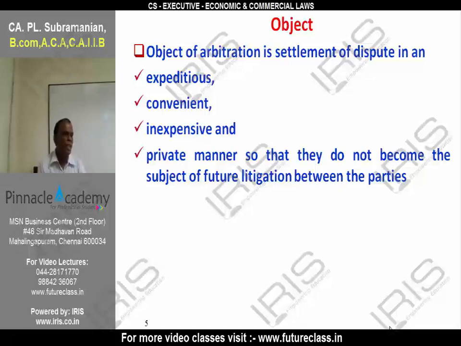They complete it within a short time. They need not engage very senior lawyers. For example, if the two parties are in Madurai and the court is in Chennai, they have to come very frequently. But if it is arbitration, the arbitration can take place in Madurai itself. That can be decided. Okay, it's convenient.